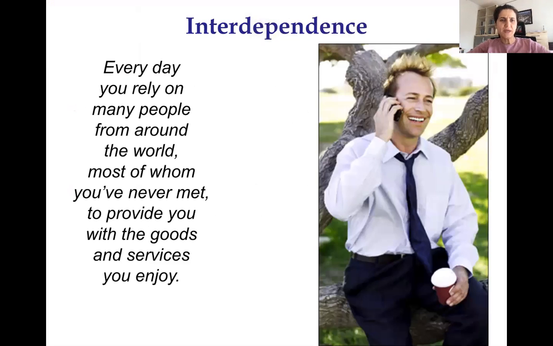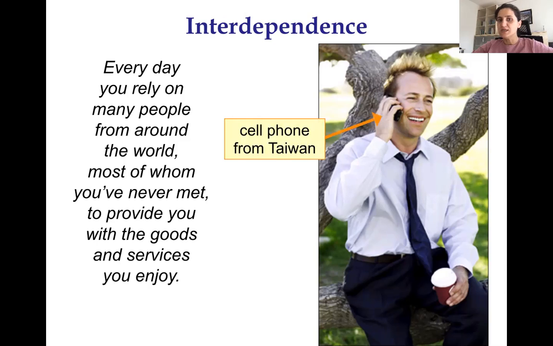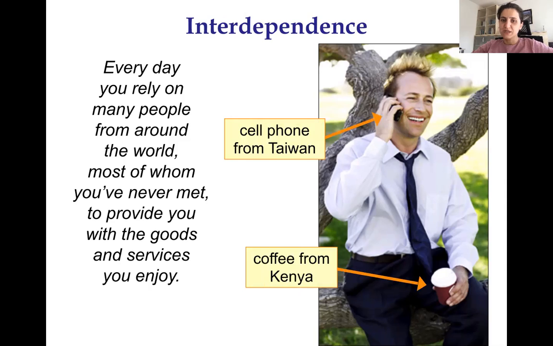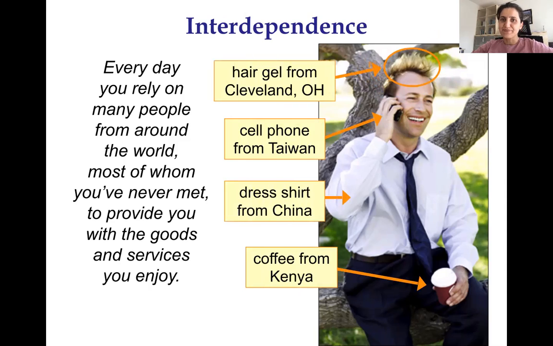Okay, so every day you rely on many people from around the world, most of whom you have never met, to provide you with the goods and services you enjoy. Okay, for instance, cell phone from Taiwan, coffee from Kenya, dress shirt from China, hair gel from Cleveland, Ohio, etc. So whatever you wear on yourself, actually Turkey is good at clothes production.